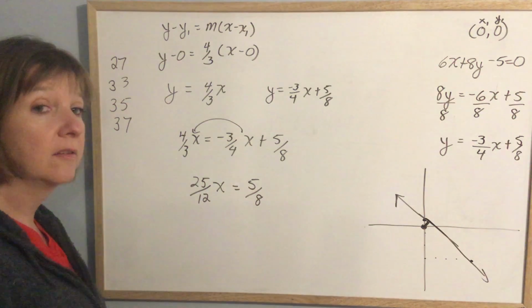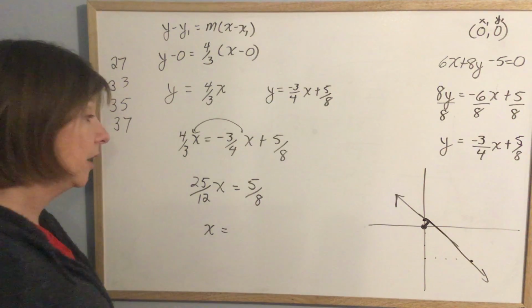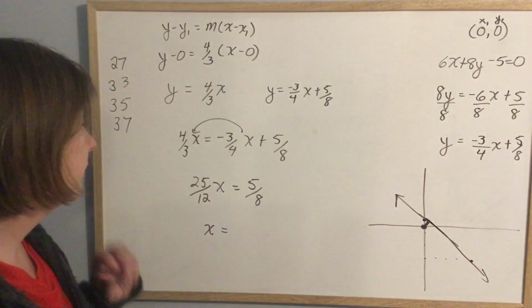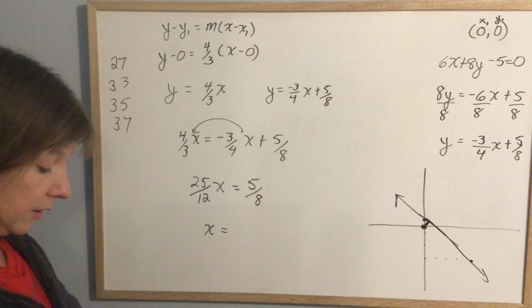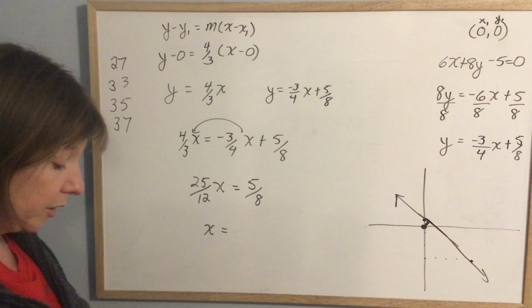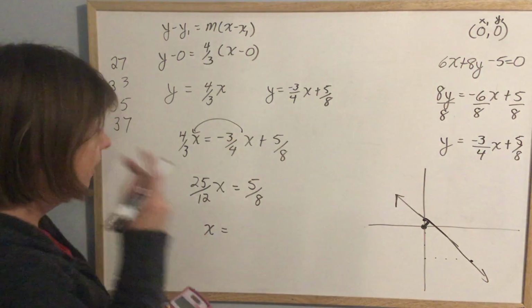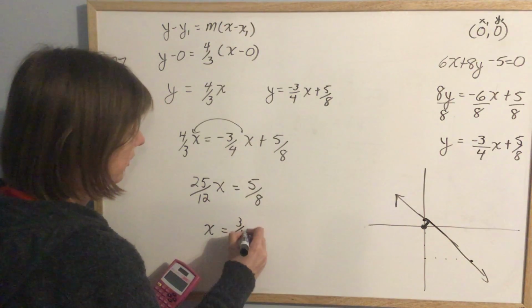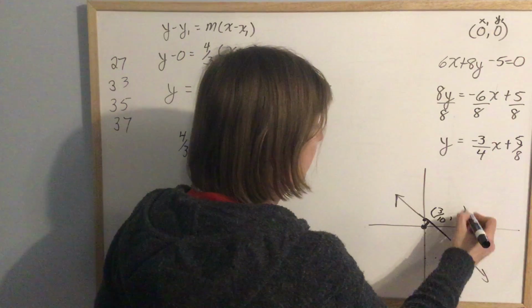I'm going to divide 5 over 8 by 25 over 12. Thank goodness for calculators that do fractions. And that is 3 over 10. So the x value is 3 over 10.